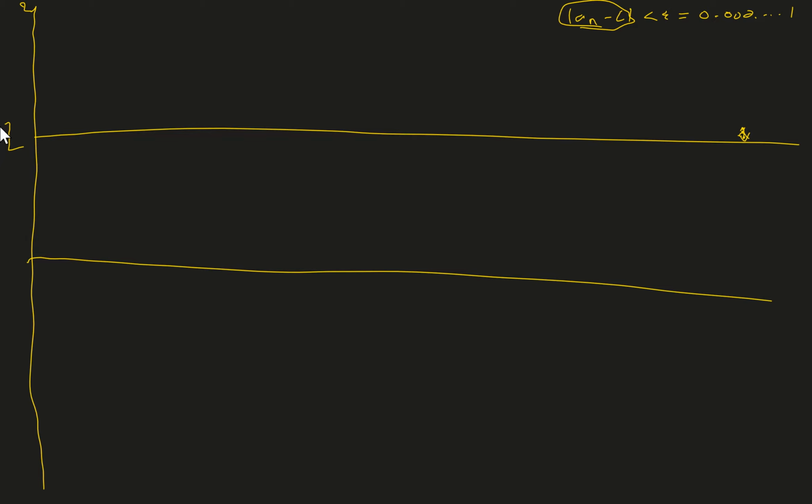So let's take a look at how epsilon and N relate. I'm going to take a rather large epsilon, maybe 0.1. So this is L plus epsilon, this is L minus epsilon. For this epsilon, the terms of the sequence first do some nonsense, some noise.